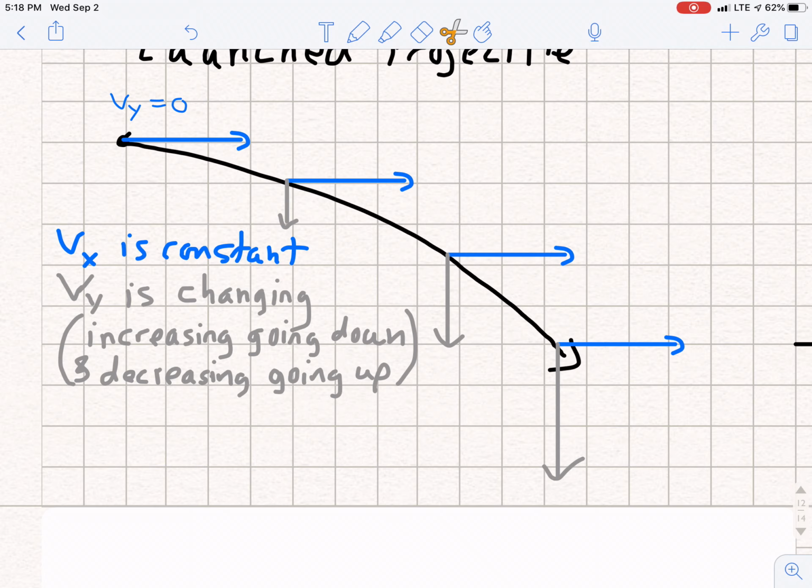Once the ball leaves the pitcher's hands, the ball, horizontally speaking, represented by the blue arrows, is not going any faster nor slower. In other words, horizontal velocity is constant. Now, since it's curving to the ground, the gray arrows represent the fact that the velocity in the vertical direction is increasing because of gravity. So we're accelerating because of gravity in the y direction, but we're moving with constant velocity in the x direction.